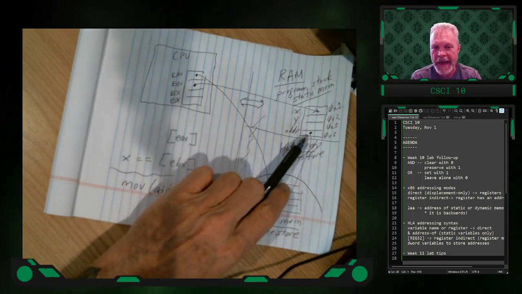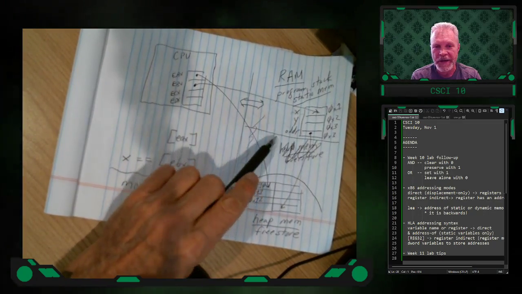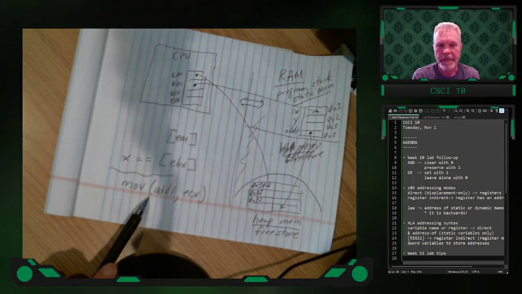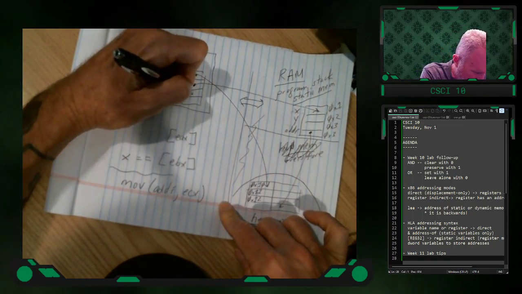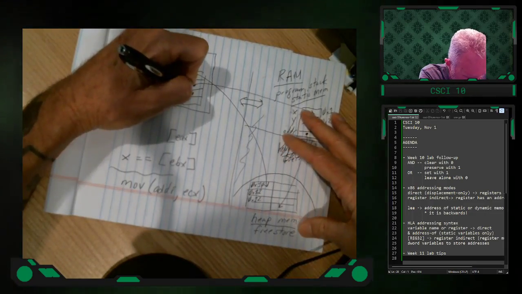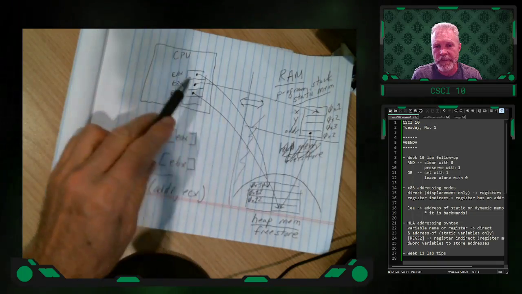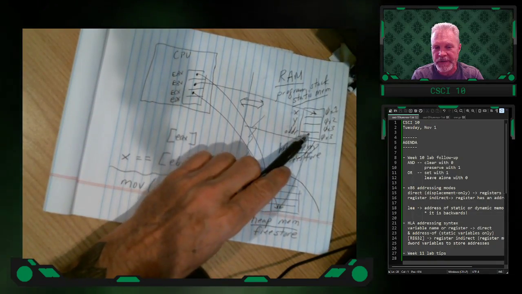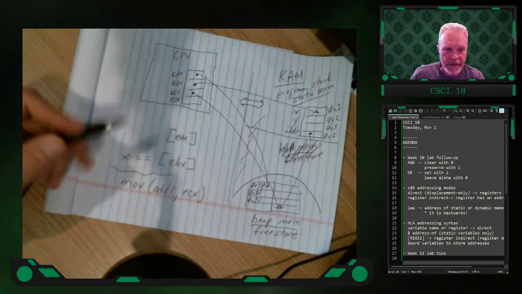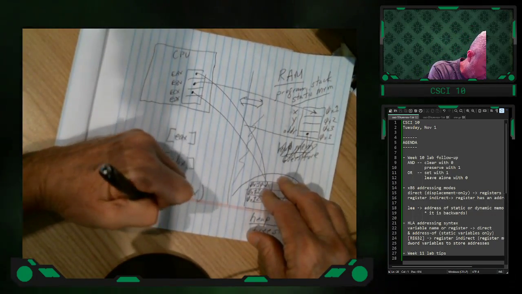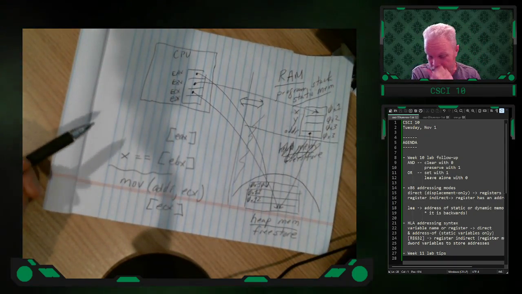Unfortunately, if you store an address in static memory, you can't use it from there. So you actually have to copy that address from static memory into a register. Now I have two references to that same cell in memory, one in this address variable and another now that I've copied it into ECX. And the reason I did that is because this is the only way to actually use the address.